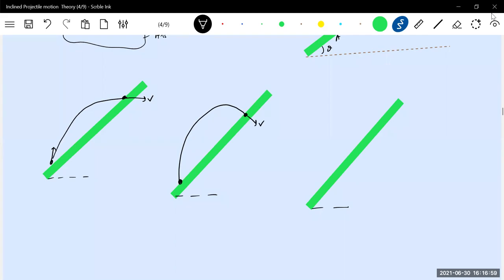There's one more thing. It may strike in this way also. Possible. It can happen.